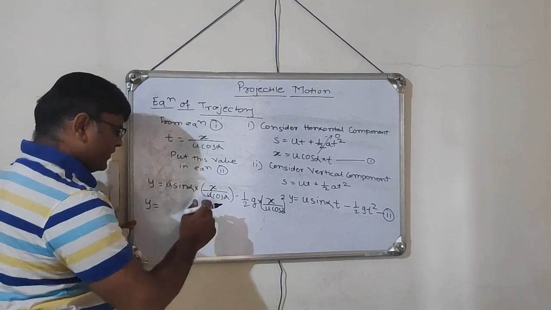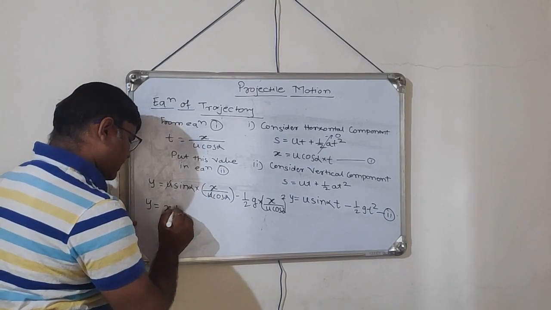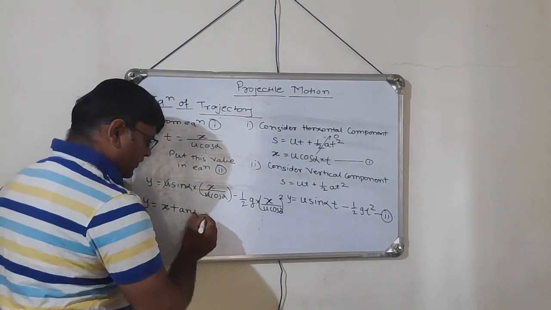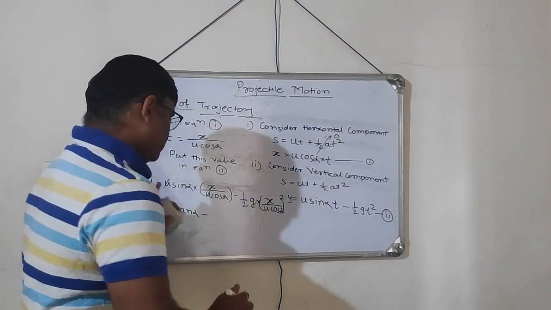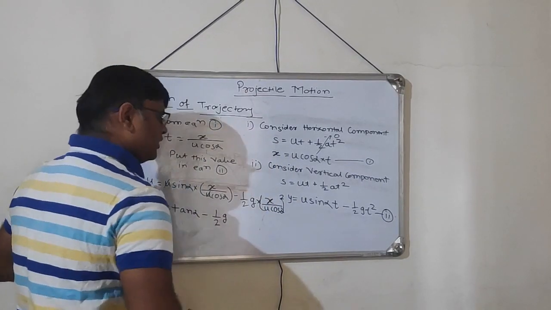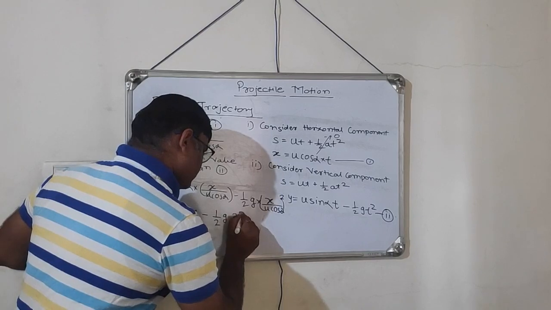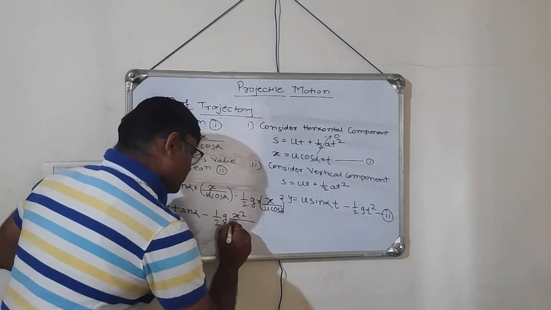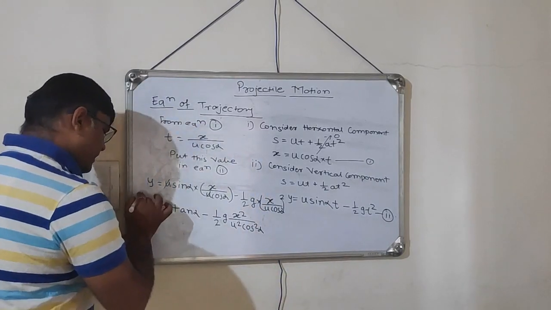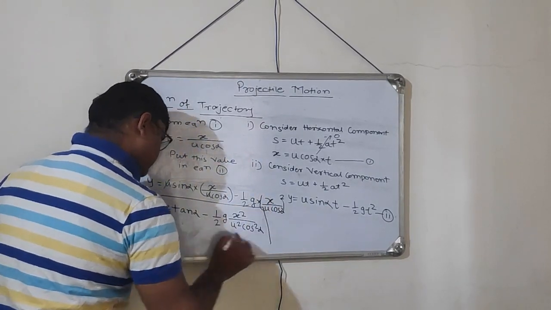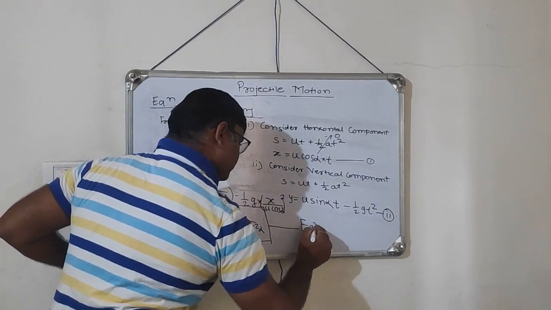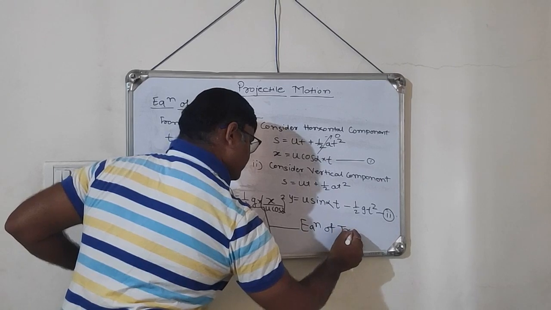Sin alpha divided by cos alpha is tan alpha, so I can write x into tan alpha. Half of g as it is, x square over u square cos square alpha. So this complete equation is called the equation of trajectory.